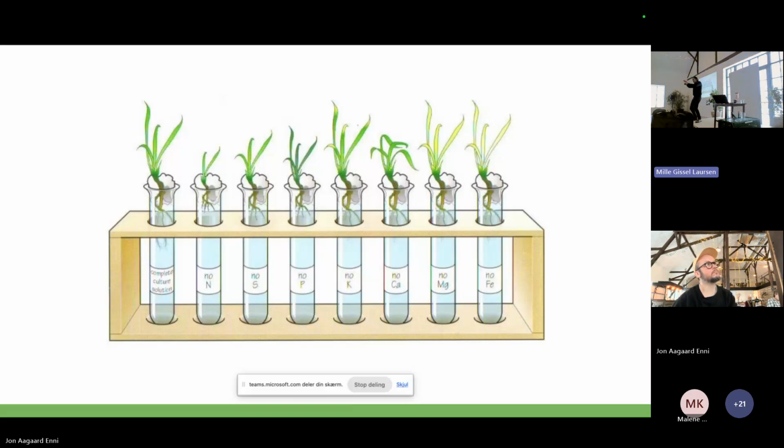So we did a gradient of nitrogen reduction to the zero. Then we have all these plants growing at this range of nutrient concentrations just for that one particular nutrient of interest. And we find that sweet spot across that whereby the plant biomass and the reproductive capacity is optimized.